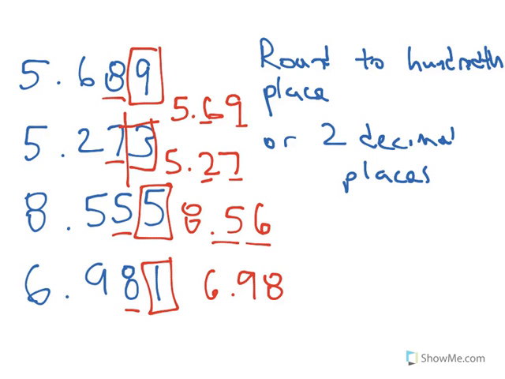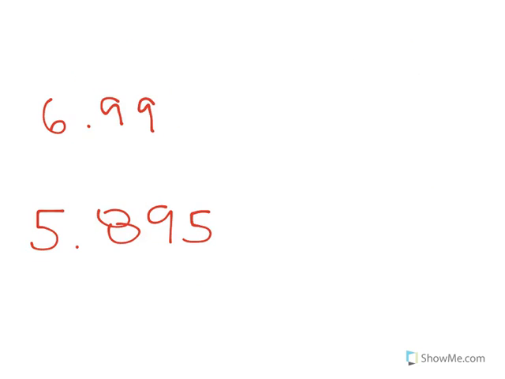That's rounding like that. Now there are a couple of special cases here. If I was to round this first number to the tenths column, again, I rewrite it out, 6 point. I'm trying to figure out, is that a 9 or a 0 that's next? Because one more than 9 is going to be 10. So I look at this next one here, and it's a 9, so I have to round up.